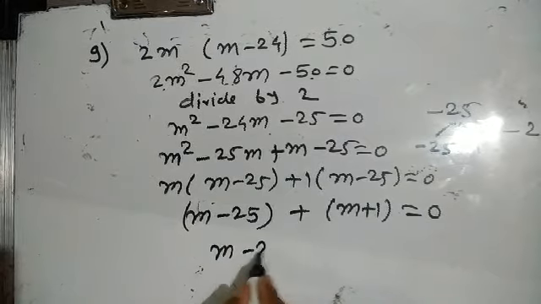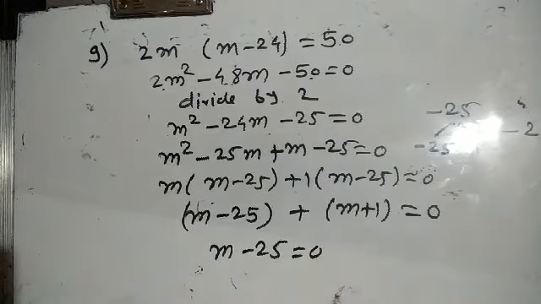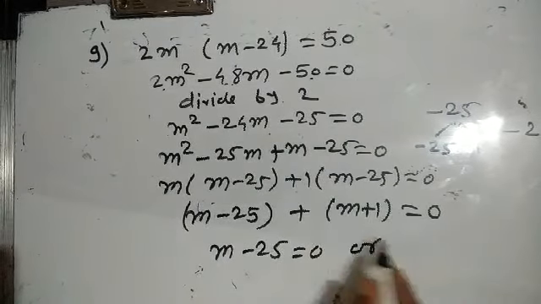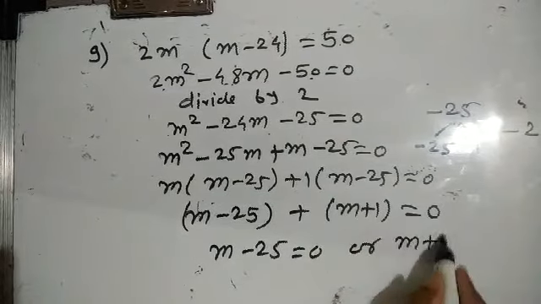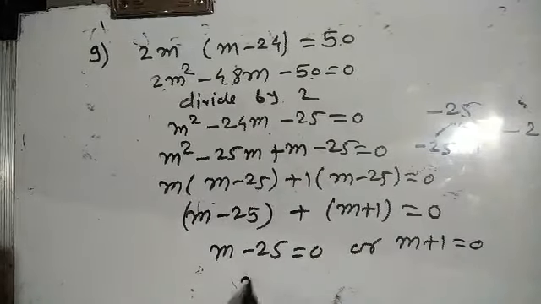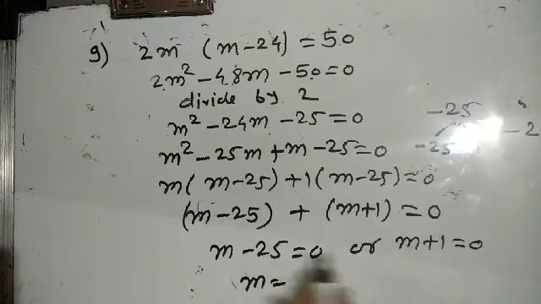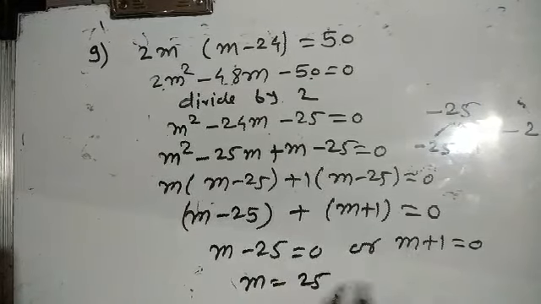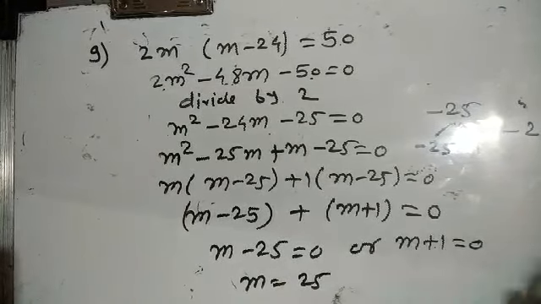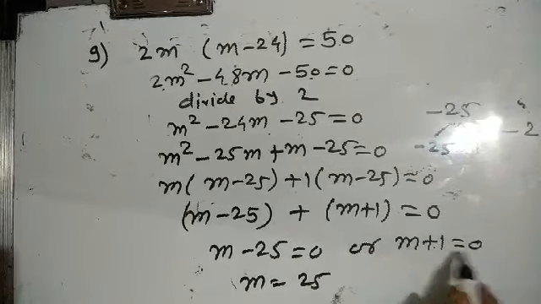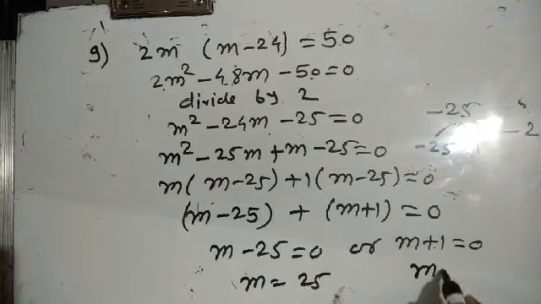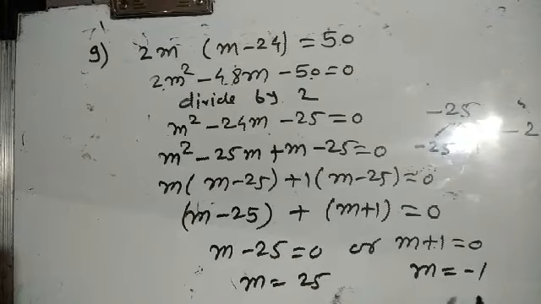Therefore, m minus 25 is equal to 0, or m plus 1 is equal to 0. Taking minus 25 to the right hand side, it becomes plus 25, and plus 1, when we write it to the right hand side, becomes minus 1. Therefore, 25 and minus 1 are roots of the equation.